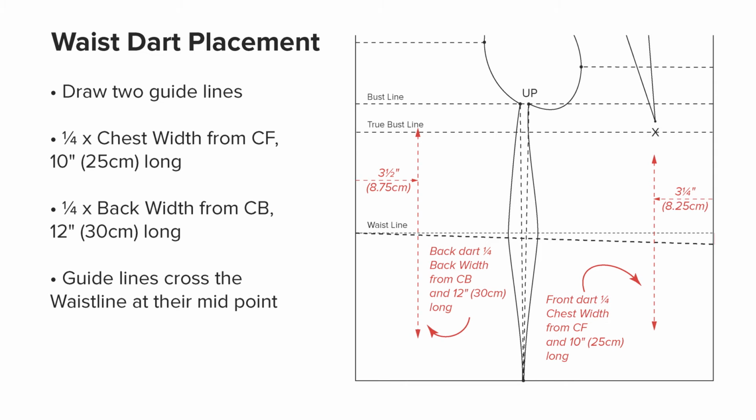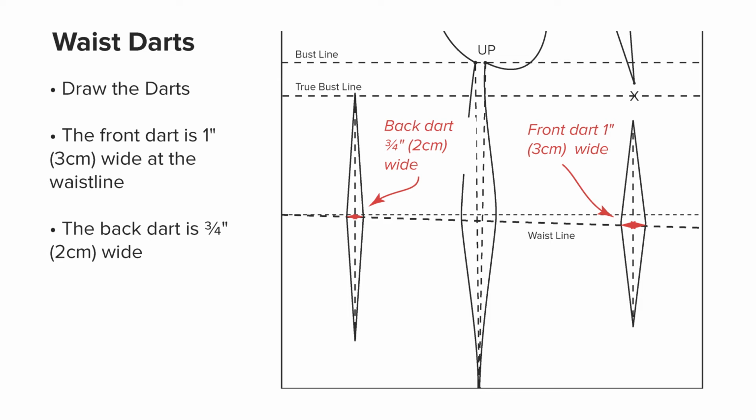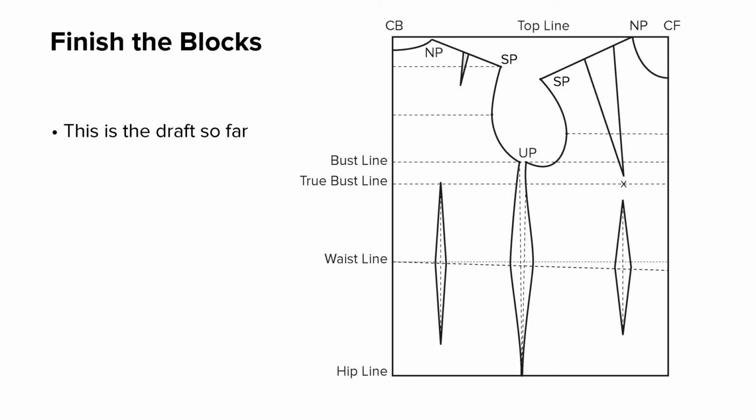Make the front dart length 10 inches, 25 centimetres, and the back dart length 12 inches, 30 centimetres. Waist darts. Create the darts using the guidelines. The front dart is 1 inch, 3 centimetres wide at the waistline, and the back dart is 3/4 inch, 2 centimetres. Both centred on the dart guideline.